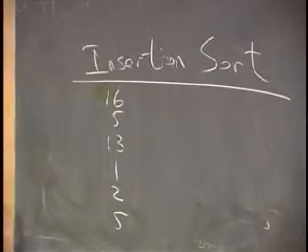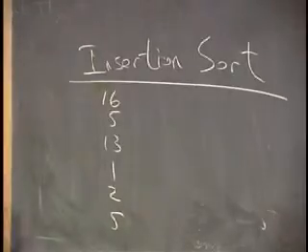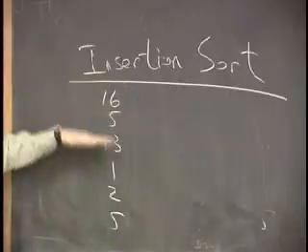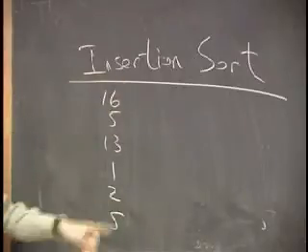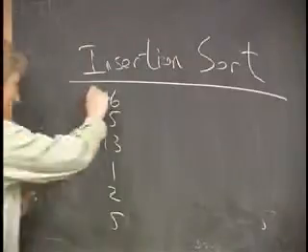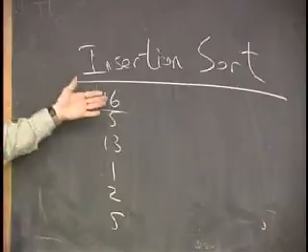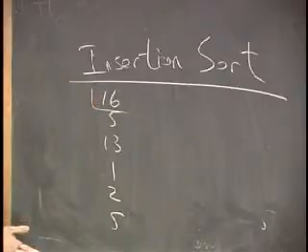So with insertion sort, we're going to go through the thing in phases again. And each time we go through it, we will increase the sorted area from the top to the bottom until we finally have the whole thing sorted. Now, if you want to do it this way, then in your first step, you immediately know that an area of one card is sorted. It's just one card. So 16 is sorted on its own.